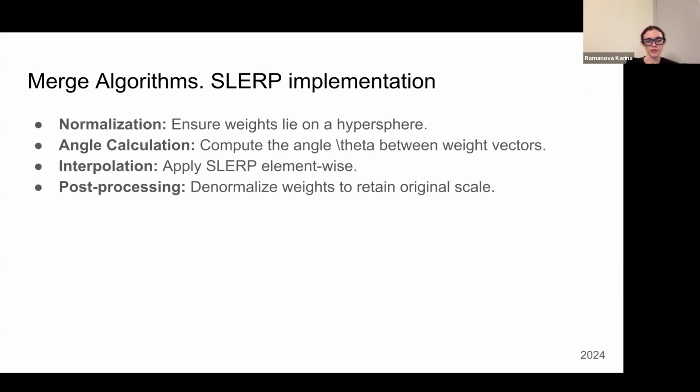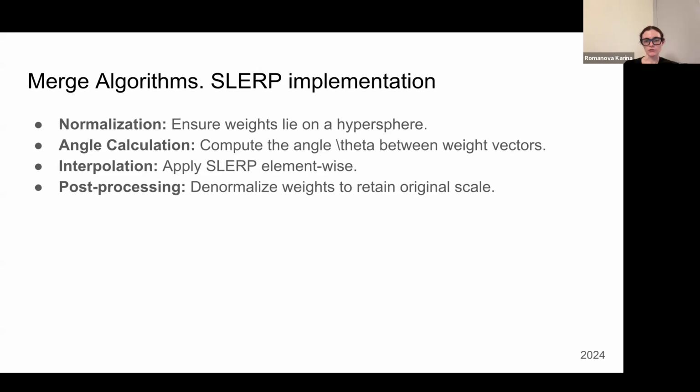Let's talk about the implementation of spherical linear interpolation. It involves several key steps to ensure a smooth and geometrically accurate transition between two model parameter sets. The process begins with normalizing the parameter vectors of the two models to ensure they lie on the unit hypersphere.